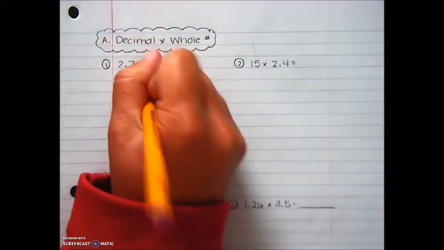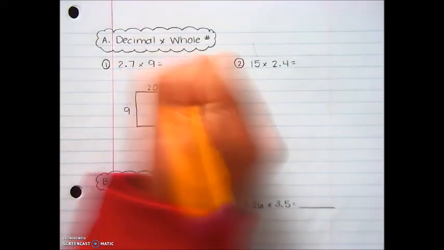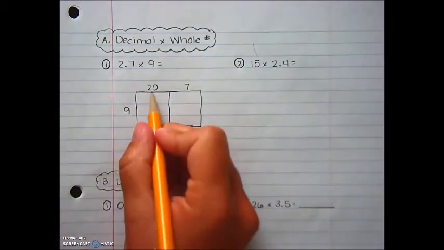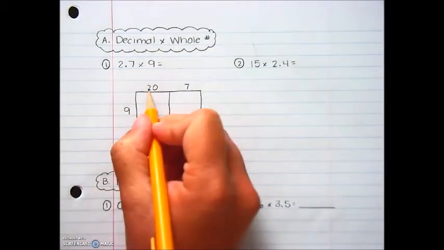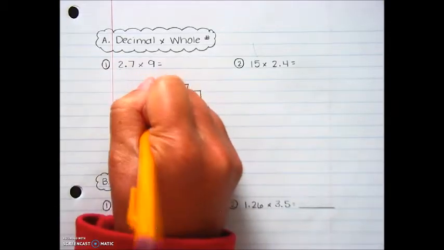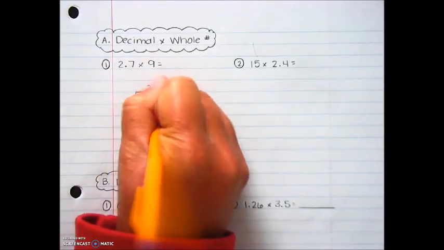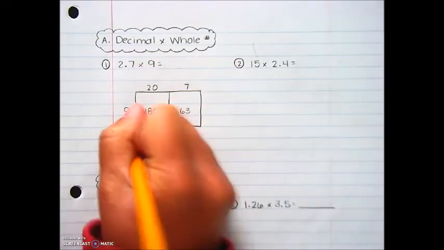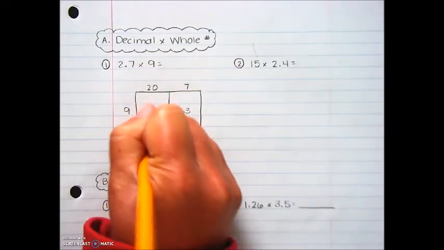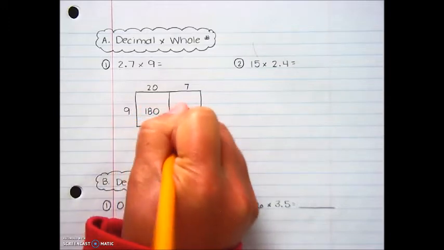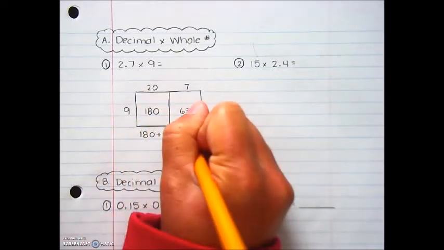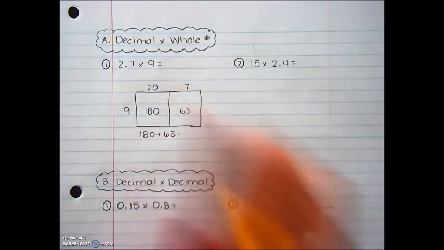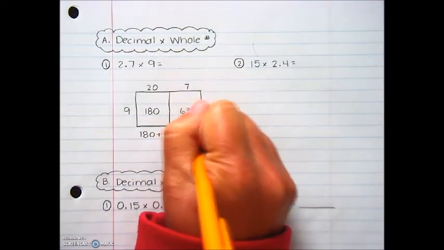Right now I want to imagine it as 20 and 7, as if it was the whole number problem, 27 times 9. 20 times 9, I see a basic fact there. 2 times 9 is 18, so 20 times 9 is 180. And then 9 times 7 is 63. So I'll add these two pieces together, 180 plus 63. And that's going to end up giving me a total of 243.